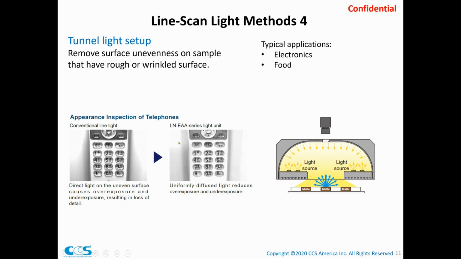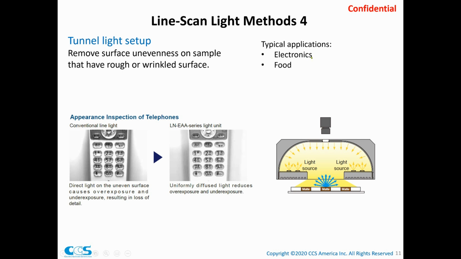So for this type of sample, we will need a cloudy day image. The basic idea is we have the light coming from all different angles. In this case, we can cover the surface unevenness. Since we have the light from low angle and high angle, we can get a very uniform image. So the typical application is samples that have a 3D structure or a rough and wrinkled surface.